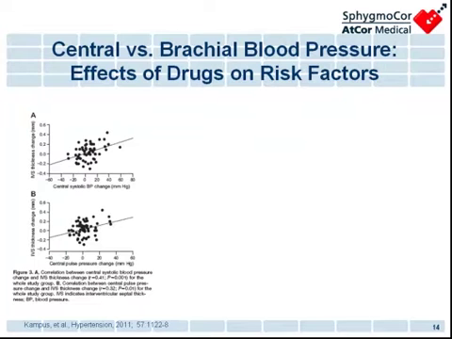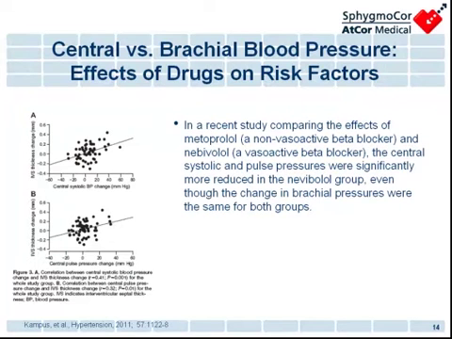That makes sense. This study, of beta blocker versus beta blocker, showed that one was superior. This study looked at metoprolol, a non-vasoactive beta blocker, versus nebivolol, a vasoactive beta blocker, and we saw a larger reduction in central pressures, in systolic pressures, in pulse pressures with the vasoactive nebivolol, and that was reflected back to a benefit in the myocardium.